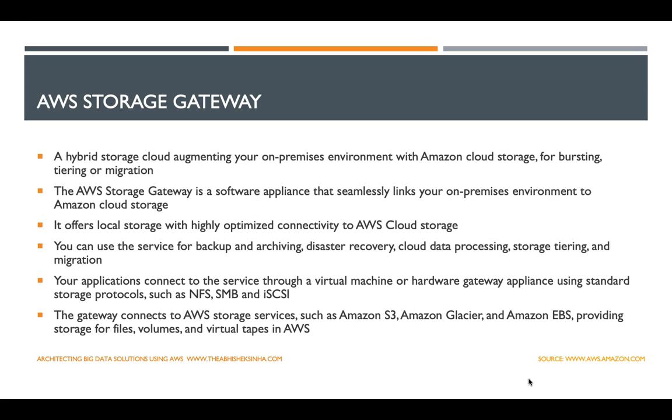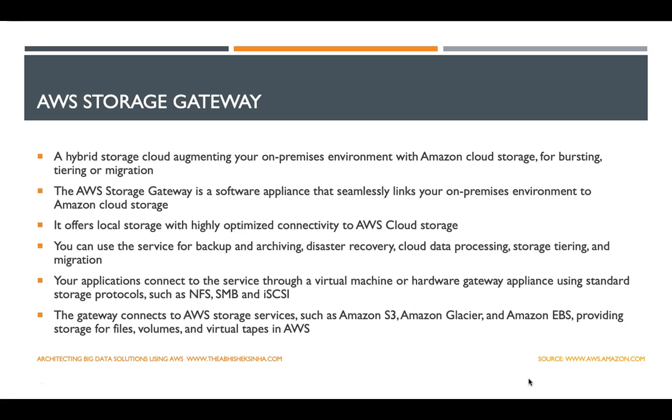However, for the data that your users are accessing very frequently, AWS Storage Gateway provides a certain amount of cache storage where it keeps the most recently used data for quick retrieval. That is how AWS Storage Gateway is highly integrated with your cloud EC2 instances, and with your on-premise compute and applications.